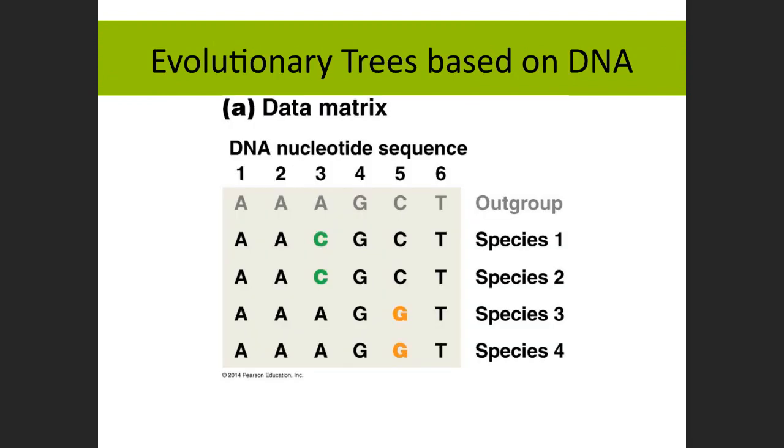So using DNA tends to be more accurate than looking at morphology for building trees. So we can look at this, and this is just a very small section of 6 base pairs of DNA, and just looking at this, which species would you group together as being more closely related than the others, right?